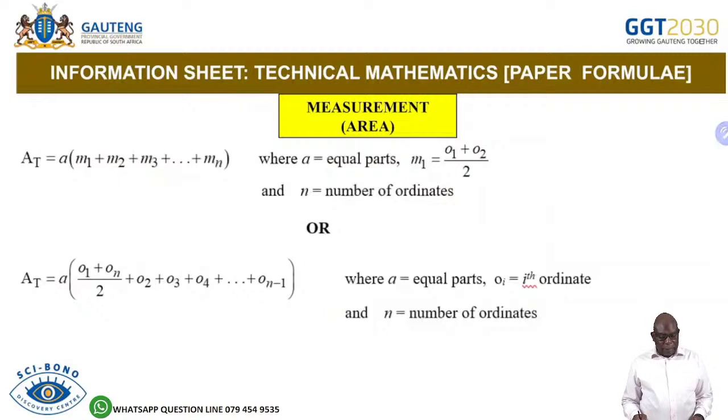The formula for the measurement and the area. So in this case, we are only given the area. Remember, in measurement, those formulas will be given in the questions because there are so many formulas. I mean, we can't keep all these formulas here for measurement. You know, the surface area of a cube, the surface area of a sphere and all that.